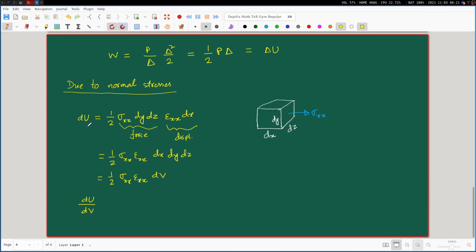So dU, you take the dV to the denominator on the left hand side, dU/dV becomes half of sigma xx epsilon xx.